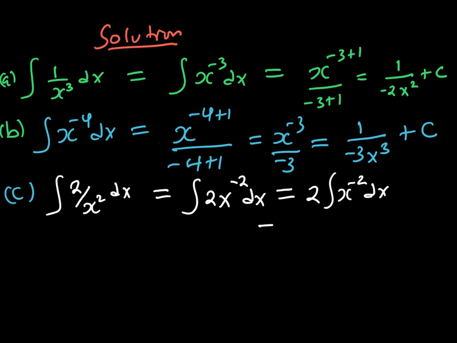So we get 2 times x to the power negative 2 plus 1 over minus 2 plus 1. Doing the mathematics, this is -2 over x plus a constant of integration.